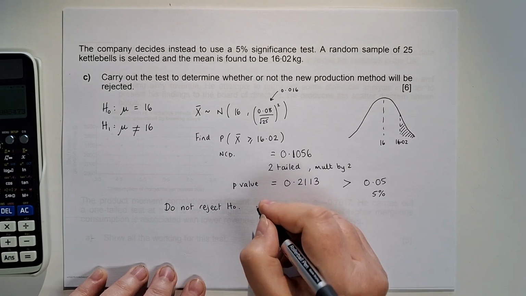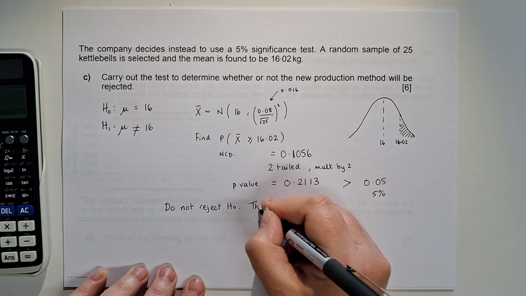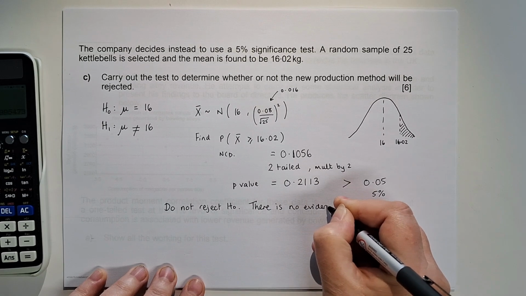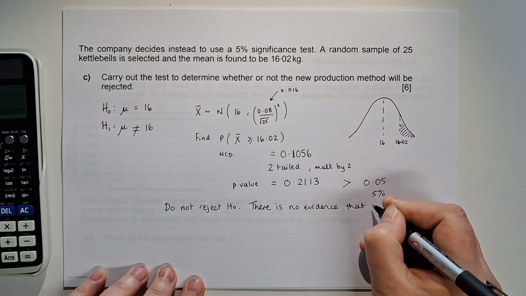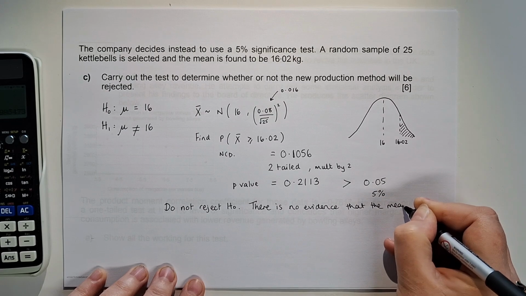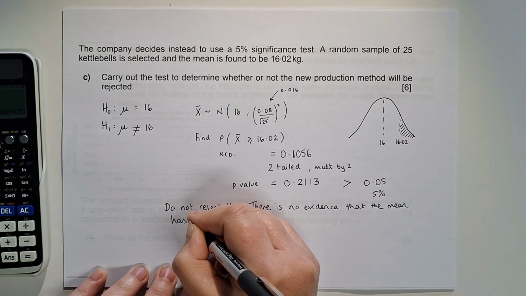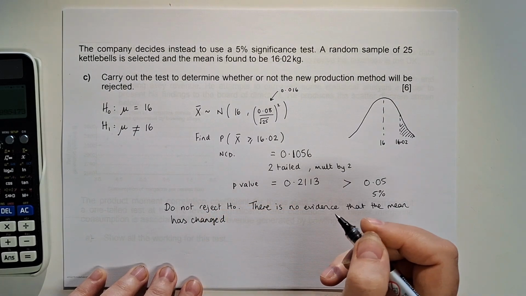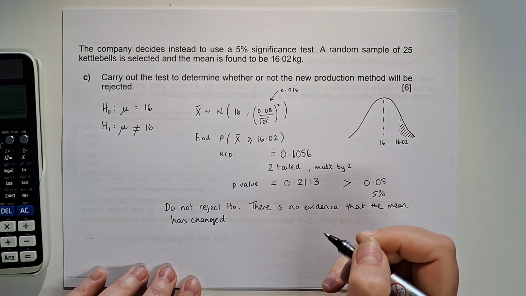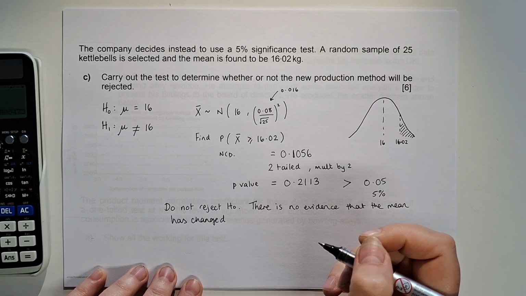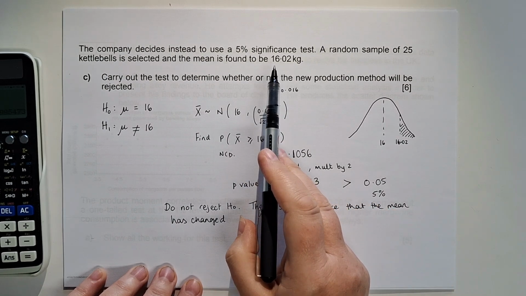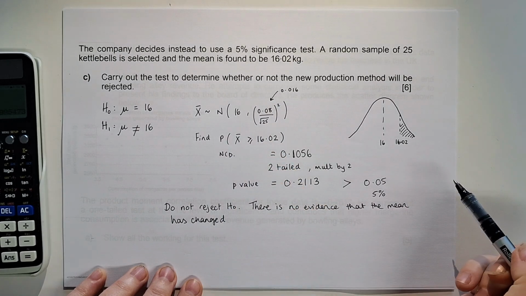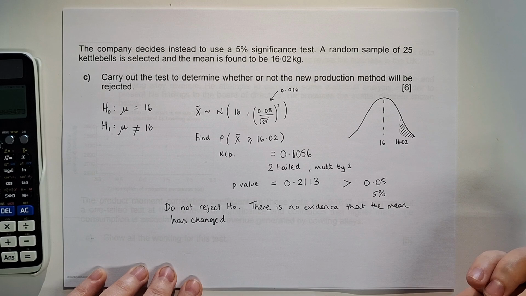So we can say there is no evidence that the mean has changed. And what does that mean about the new production method? It says the new production method will be rejected if the mean is falling outside the boundary, and it's definitely not outside our boundary.